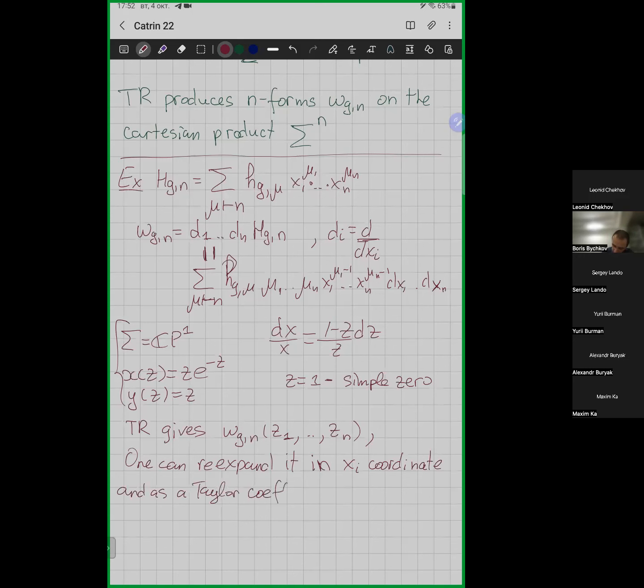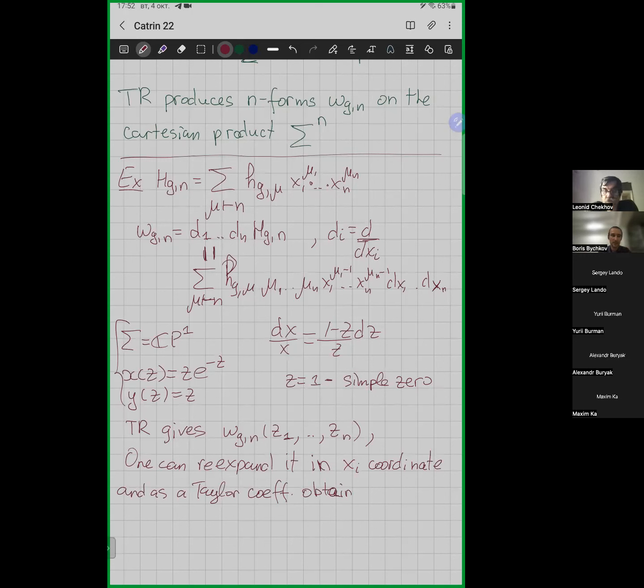Is it right that x is not assumed to be meromorphic? It's not in your example. Yes, but dx over x is assumed to be meromorphic. So to say, the logarithm of x is meromorphic.